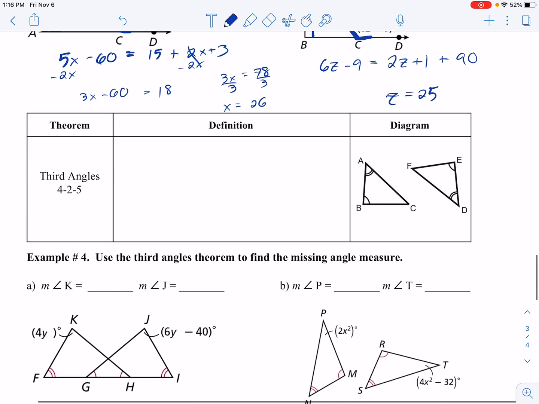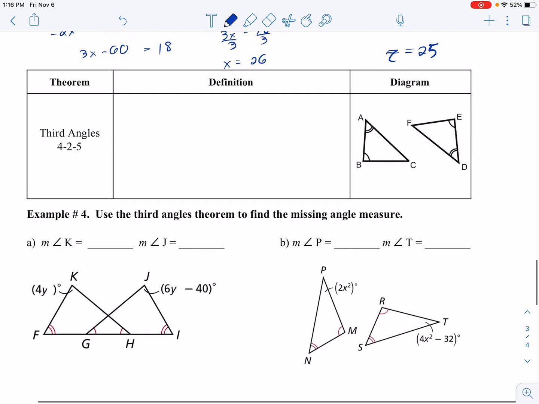All right, let's finish with our last theorem here, our third angles theorem. The third angles theorem just states if you have two pairs of congruent angles in two triangles, then the third angles must be congruent.